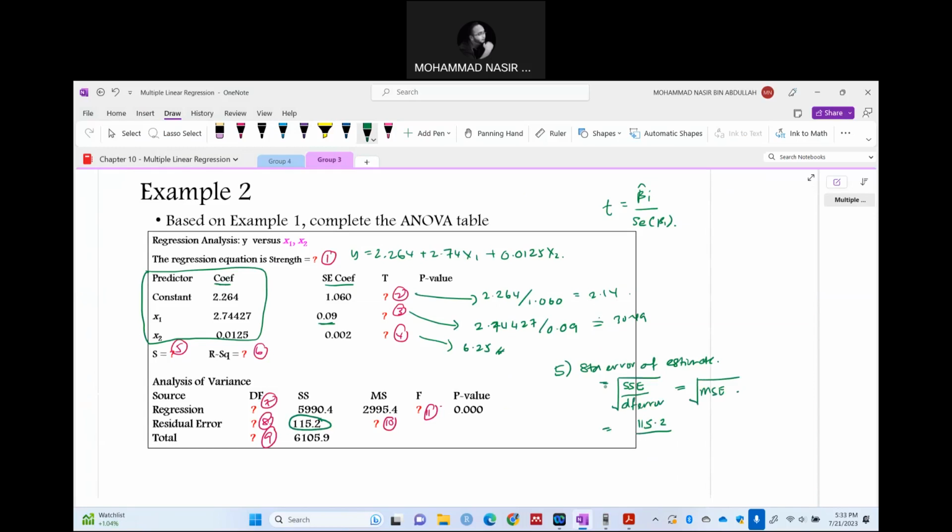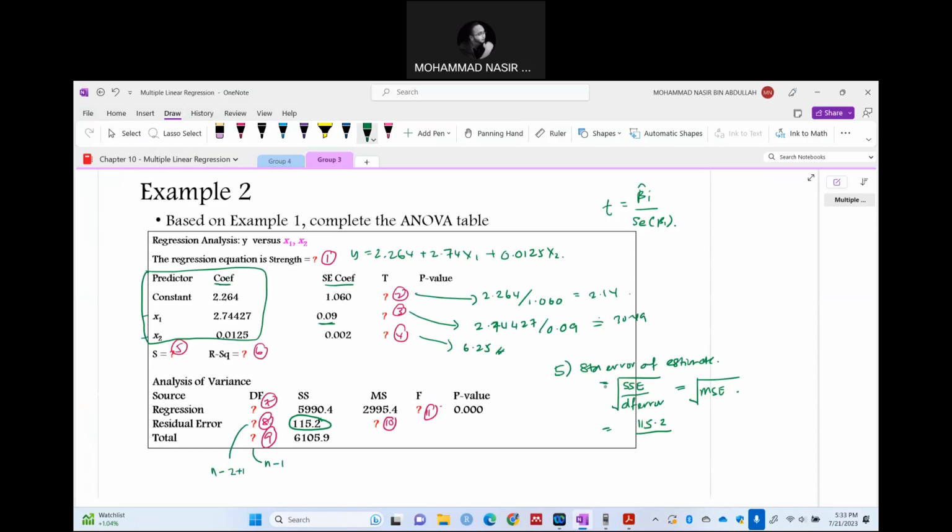Right. So how to know how many variables do we have? How many observations we have? This is n minus 1. This is n minus k. How many k do we have? 1, 2.